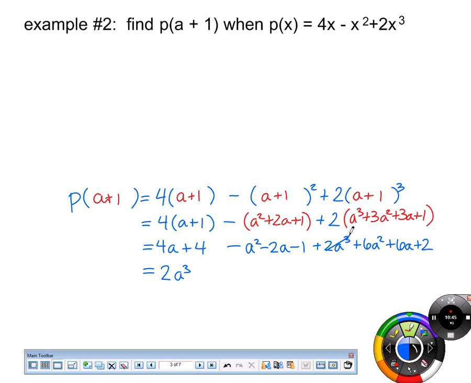So 6a squared minus a squared would be plus 5a squared. And then 4a minus 2a plus 6a would be like 8a. And then 4 minus 1 and plus 2 would be like 5.